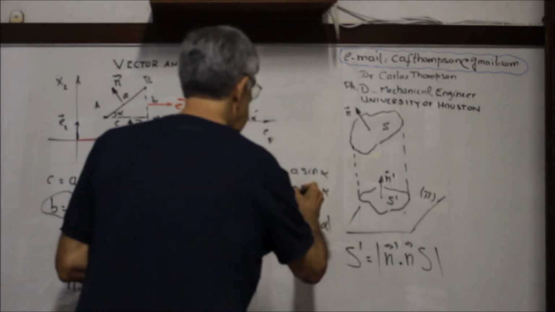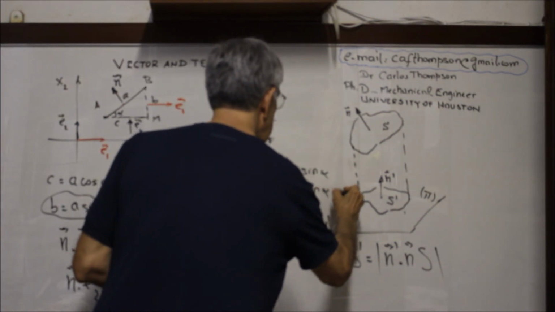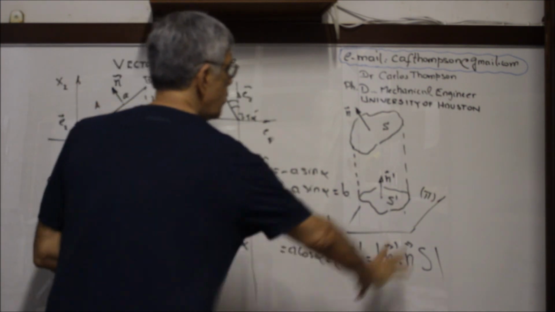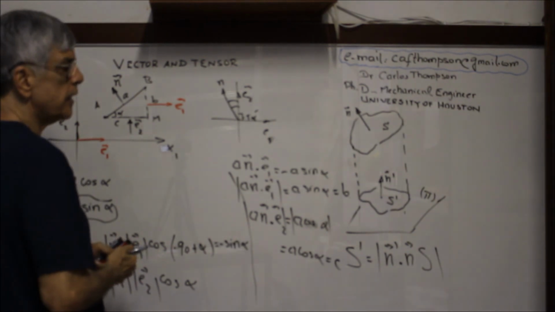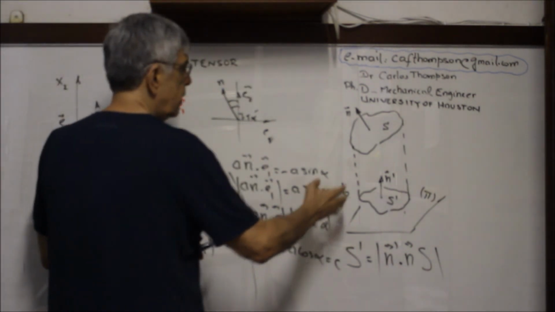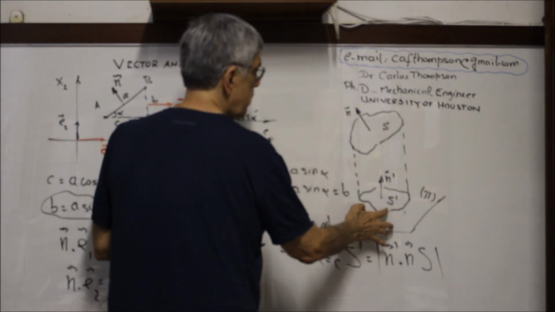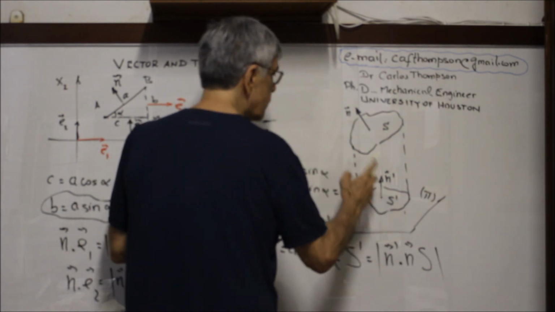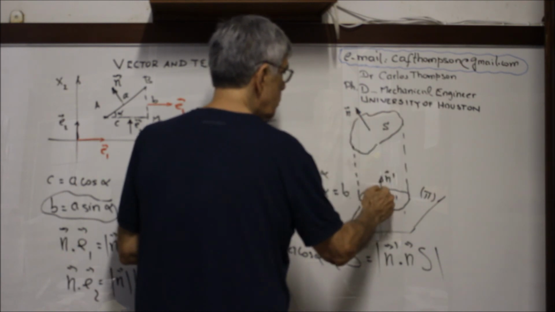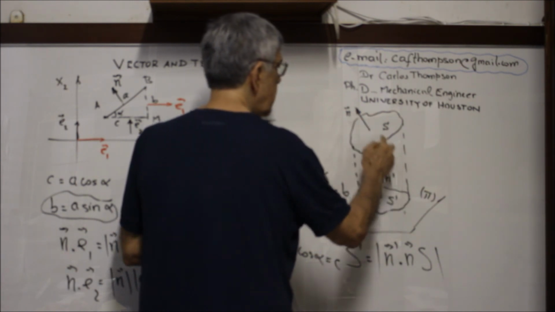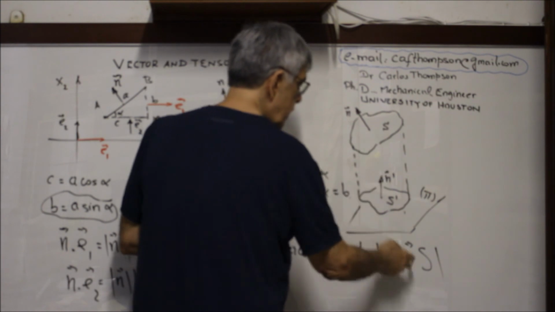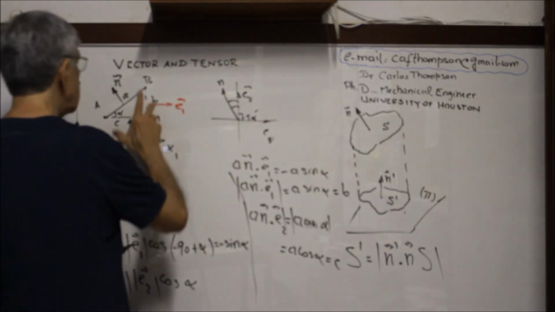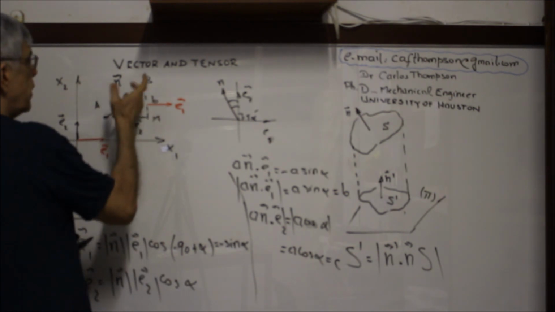So A sine alpha is B, and A cosine alpha is C. Now you understand clearly why the projected area S prime is equal to the dot product between these two normals, n prime and n, times S. S here corresponds to this segment AB, or A.